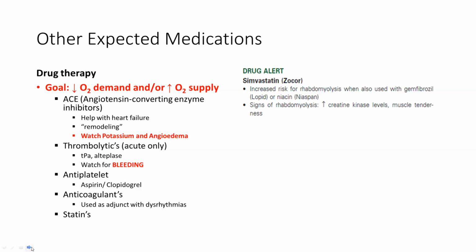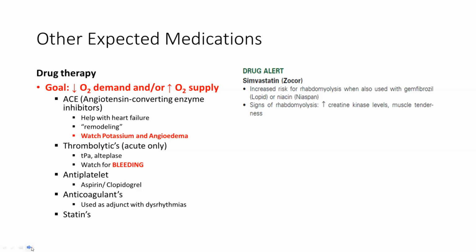So that would be a really bad adverse sign and symptom of ACE inhibitors. Your thrombolytics for your acute situations, we've talked about the big thing there is that ST segment, or however we're measuring that they're not perfusing the coronary arteries, should return to baseline. But bleeding is the big one.